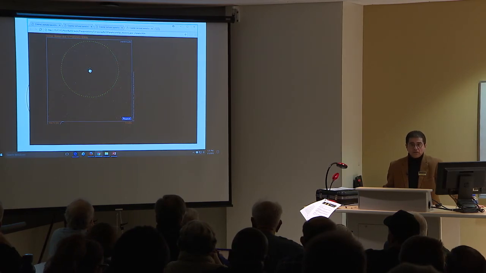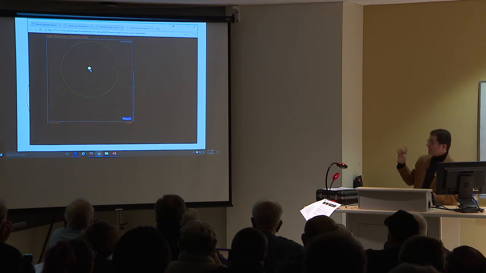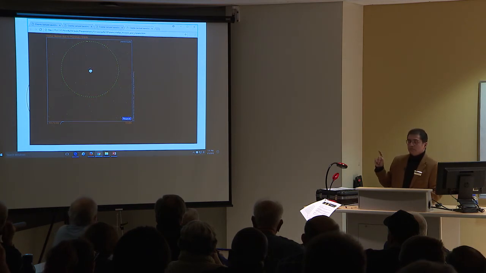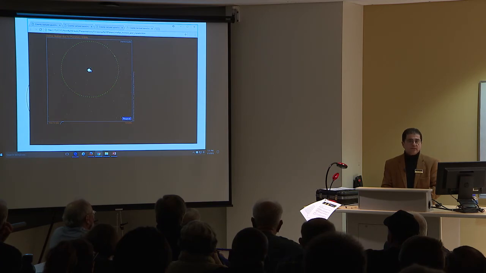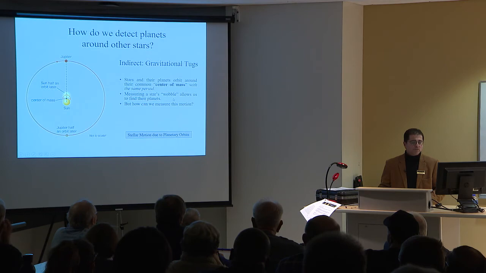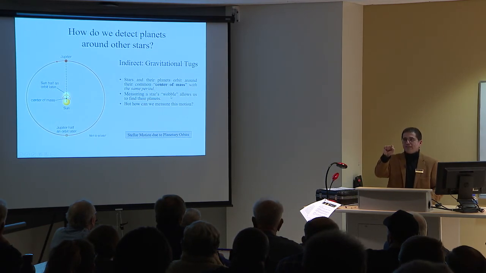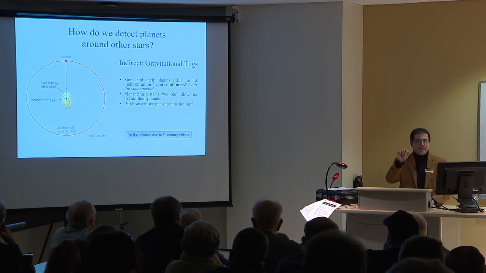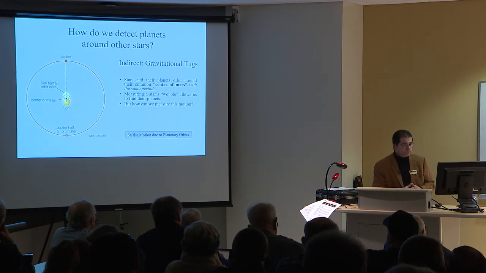Now the planet clearly moves much farther, doesn't it? But notice how the star has a very slight motion. So if we were not able to see that planet, but we did see the star making that motion, couldn't we infer that there would be a planet there? I think we could. And that's exactly what astronomers have done. So sometimes you'll hear them use this term, the wobble. The star has a very slight little wobble to it. And this allows us to find the planet.